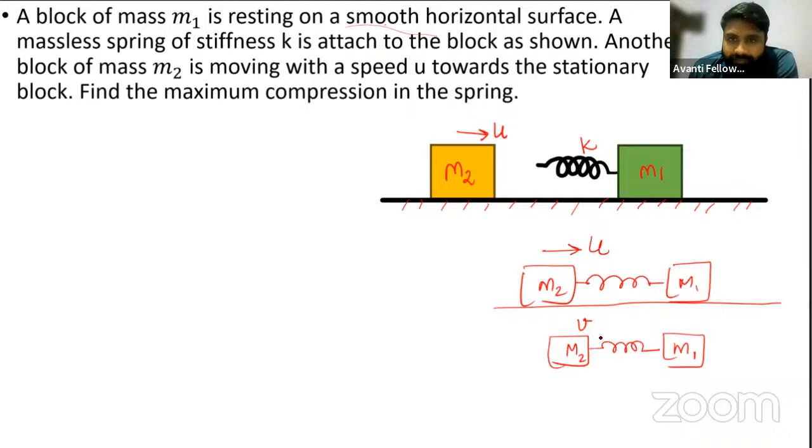Now this spring is compressed, so it just wants to extend, to open its arm which is attached to m1 and m2. So it will apply an equal and opposite force on both sides, which is kx. Let's say the compression in the spring is x at this point of time. Because of this kx, the spring force applied by this end on m1, m1 will also start moving with some acceleration, because there is a force, so there will be an acceleration.